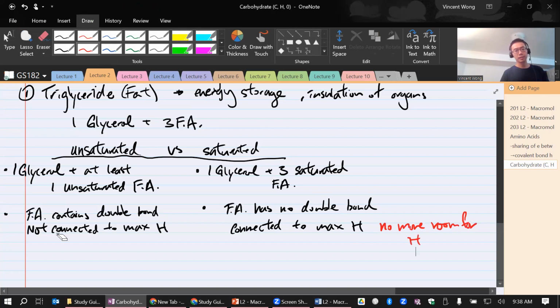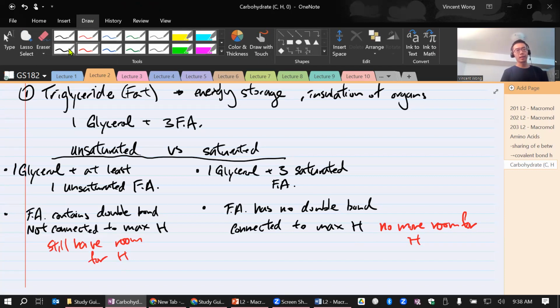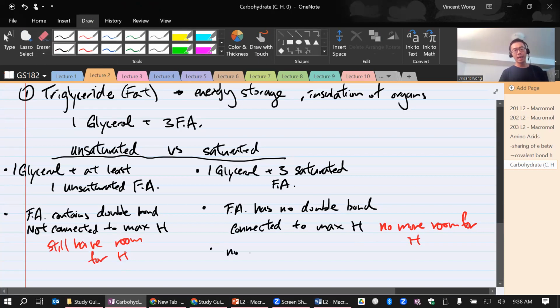And this one still have room for hydrogen. No kinks. And then this one has some kinks.